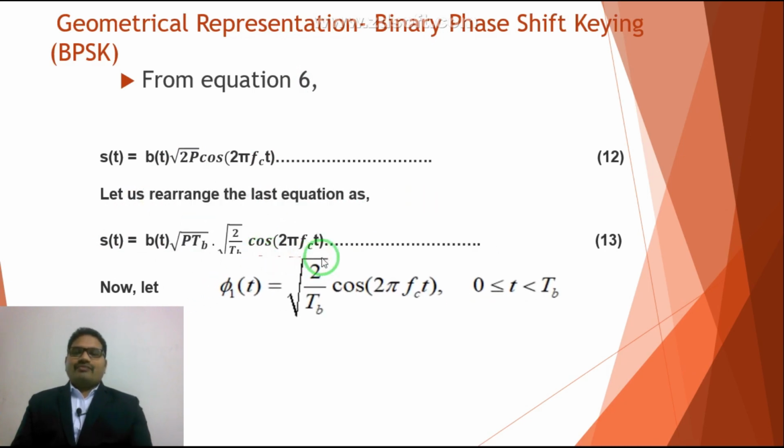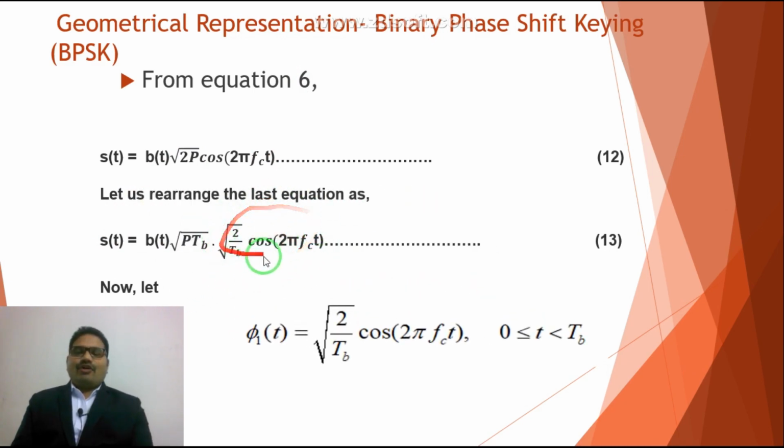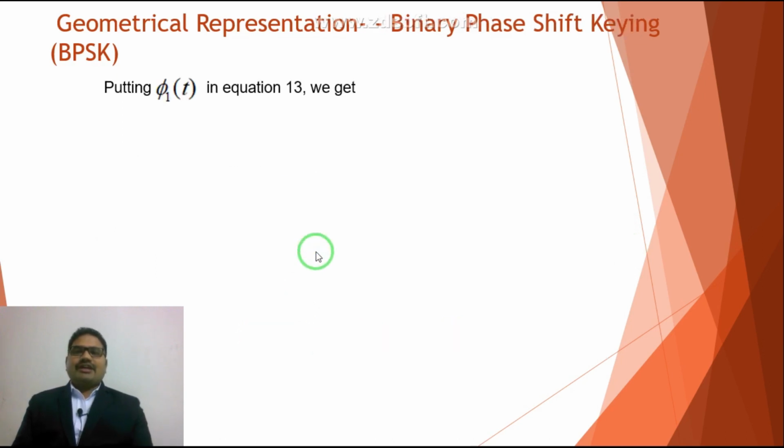In this form, let us denote this term as phi 1 of t, which is nothing but square root of 2 by Tb, where Tb is your bit duration, times cos 2 pi fct, where fc is your carrier frequency. So let us make it as equation number 13 and substitute this phi 1 value in equation 13. So the next equation you would get is S of t is equal to b of t square root of P Tb phi 1 of t. Make it as equation number 14.